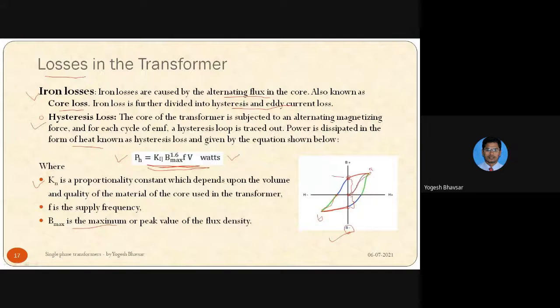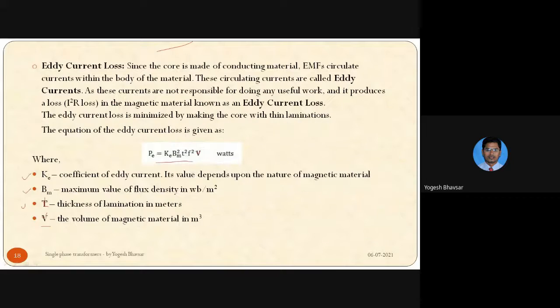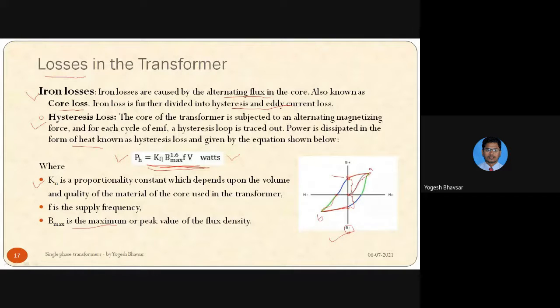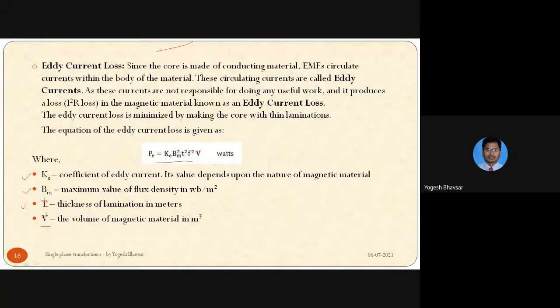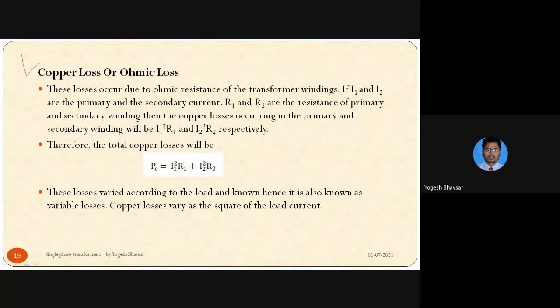So these are called the iron losses, particularly hysteresis loss and the eddy current loss. Hysteresis loss, which is purely a magnetic loss taking place in the iron core. Eddy current loss, which is also an electrical loss, which is taking place in the iron core. And the next one, which is a copper loss or ohmic loss.